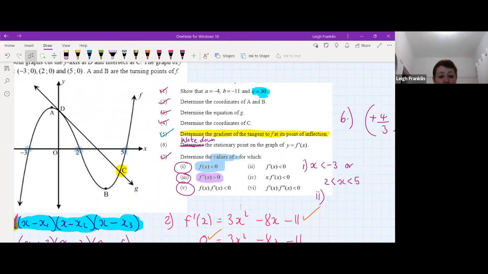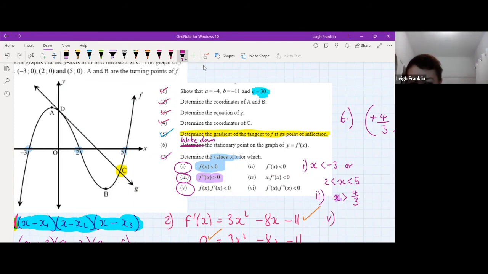Remember, the second derivative is concavity. So it's saying for which values of x is the graph concave up? Remember, this one is first concave down and then concave up. So the values of x for which it is concave up is going to be, whoopsie daisy, let me just write in a proper pen, where x is greater than 4 over 3. So that's where it's going to be concave up.